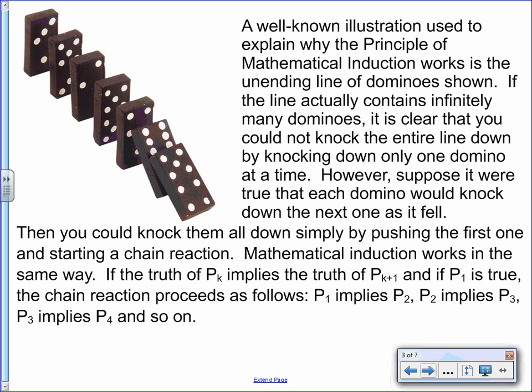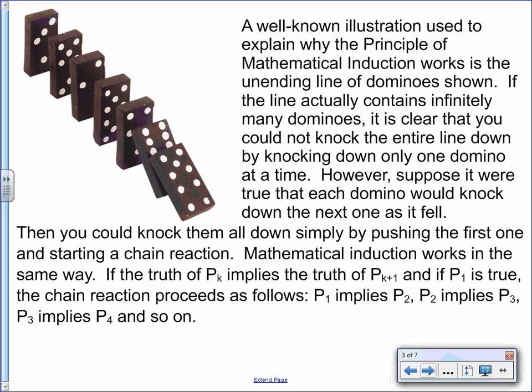So what we're doing is we're setting up our dominoes. First of all, we need to set up our first domino. I'm not going to read through all of this; this is more for if people are reading my notes online. We know that when we knock over a domino, the next one goes.